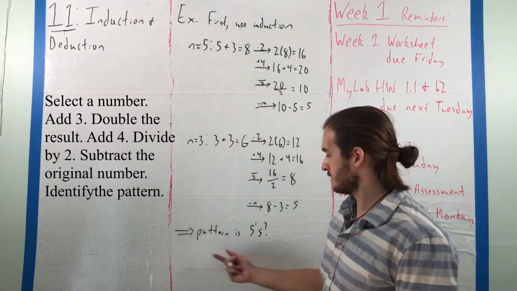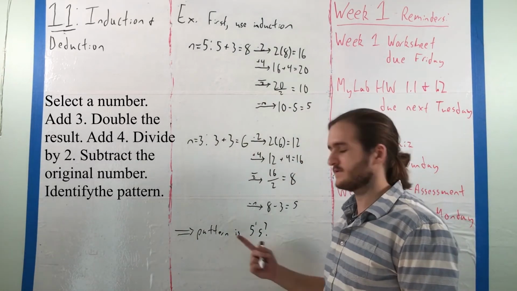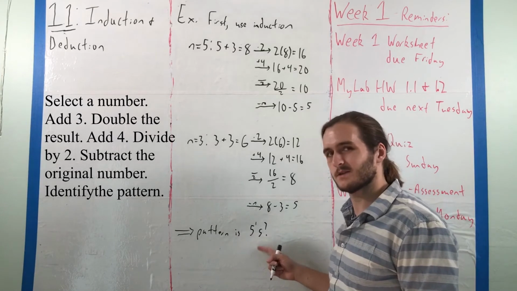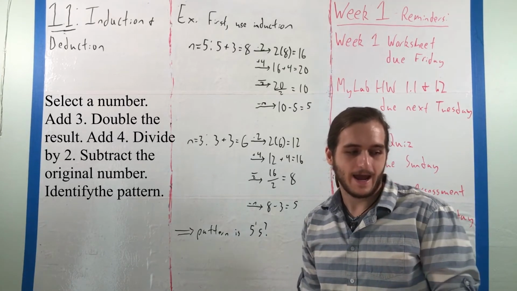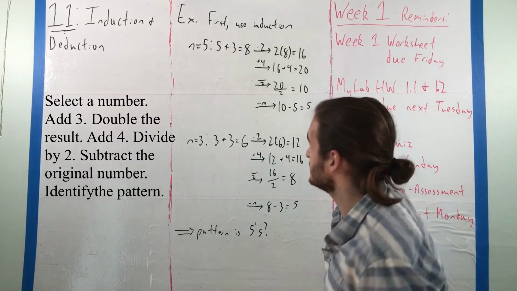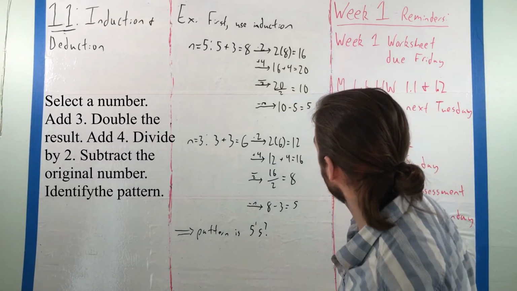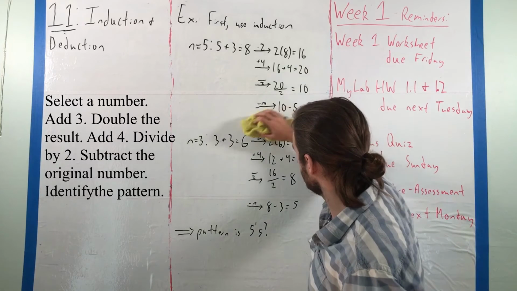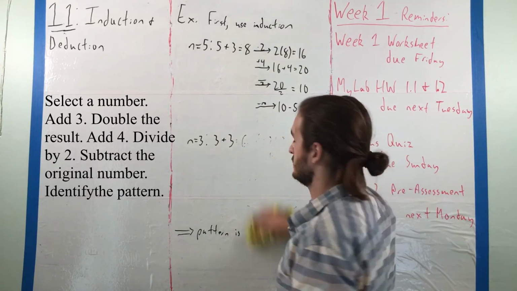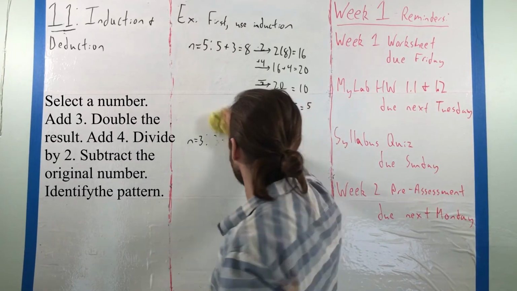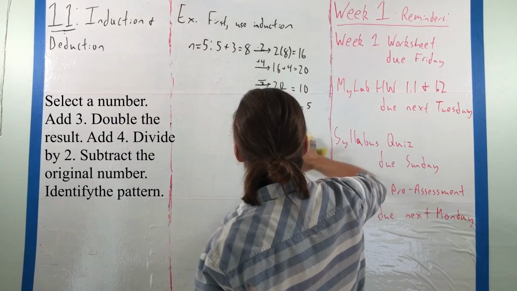That's our conjecture here. The pattern is 5s. Did I put that question mark there? Because we're not quite sure if that pattern has to be 5s. Other things might happen here, right? Okay? But let's just keep that idea in mind, that we're thinking our pattern is a whole bunch of 5s.